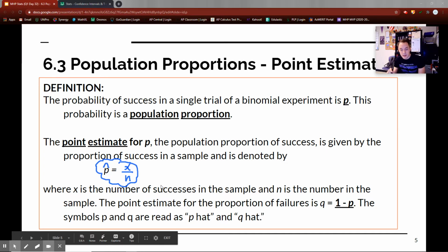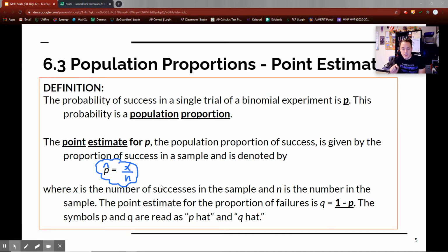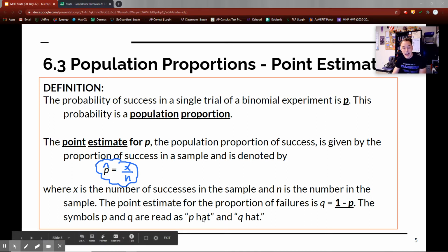The point estimate for the proportion of failures is Q hat equals 1 minus P hat, and that's just your complement. So if you succeed this much, the failures is just 1 minus that. The symbols are read as P hat and Q hat.